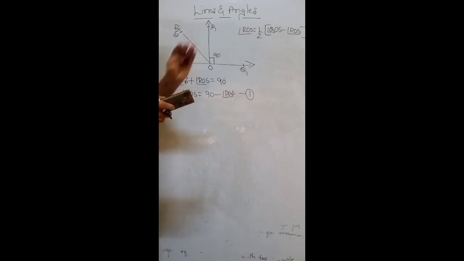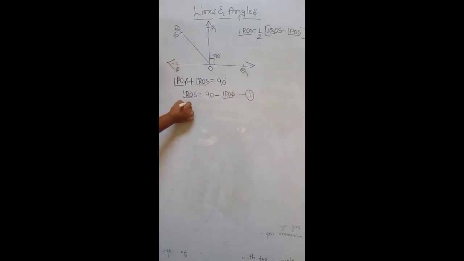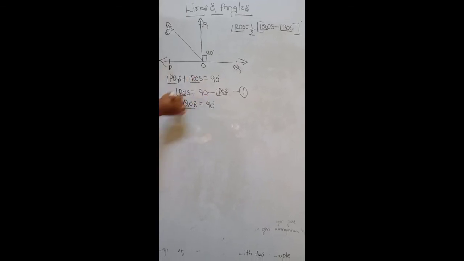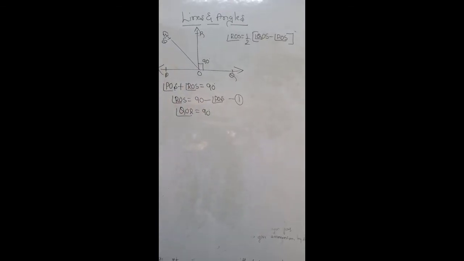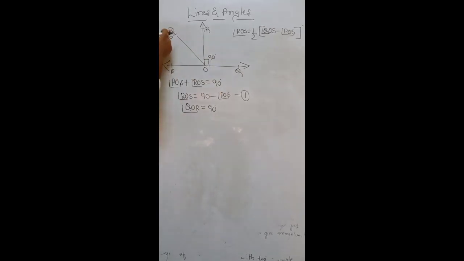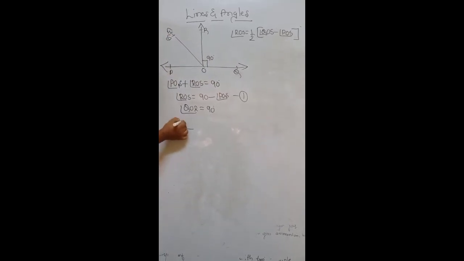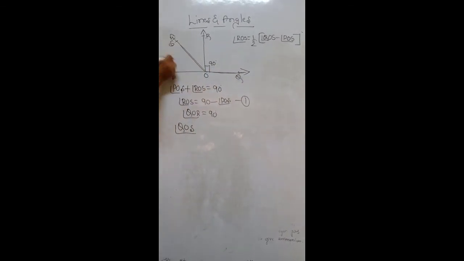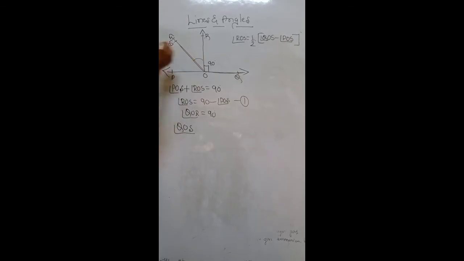Now we'll come to this side, 90 degree. Here QOR equals 90 degree. But I want ROS. How to make this ROS? In QOS, we'll subtract this ROS.